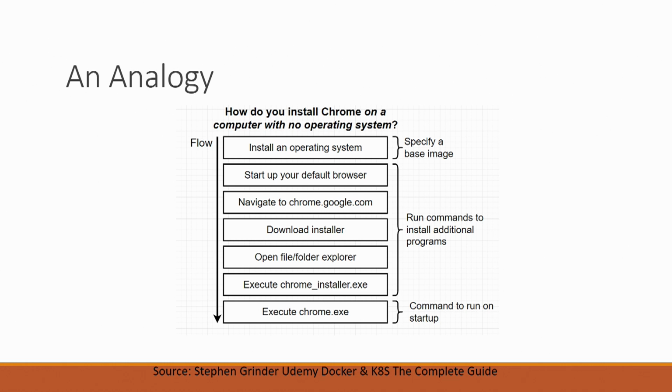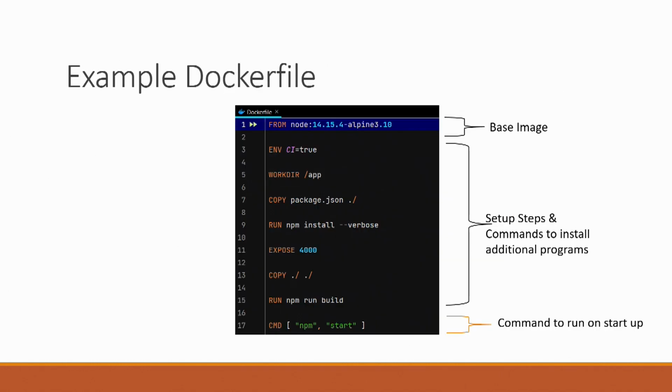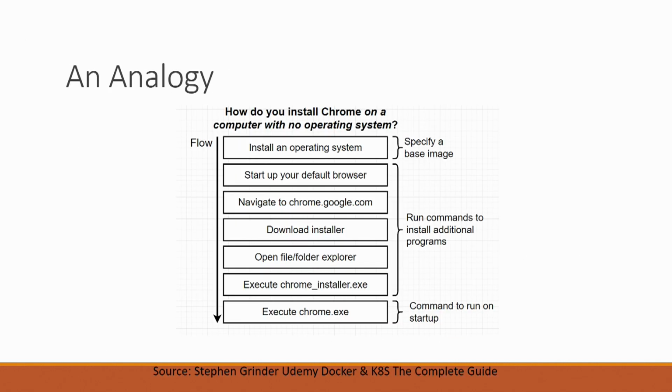So in your Docker file, this first image is like specifying the operating system, the base, the foundation of your Docker file. Then the next thing is to specify the commands to configure your base image, your environment, to the taste of the thing you want to do.